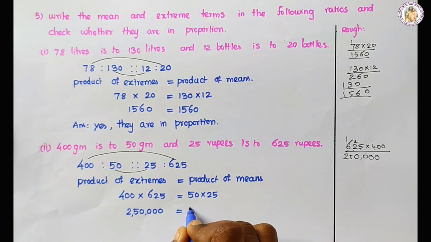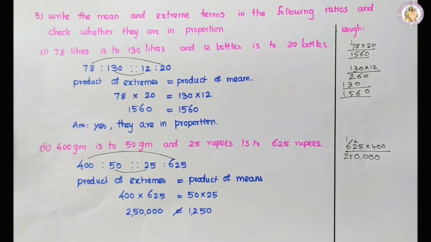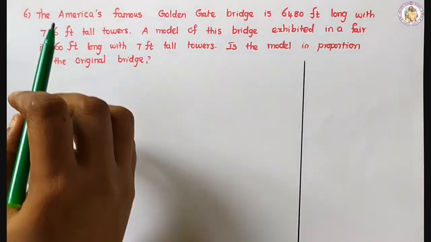Put 1 0 means 1,250 only here. So that is not equal. So answer no. They are not in proportion. That is the answer.